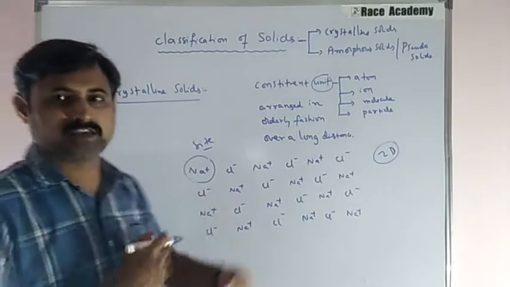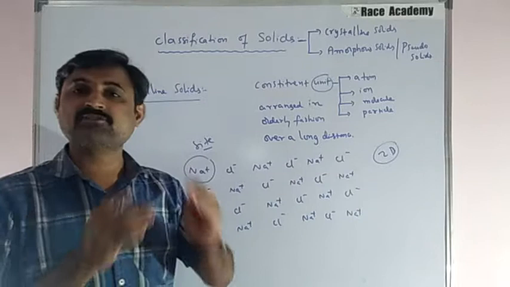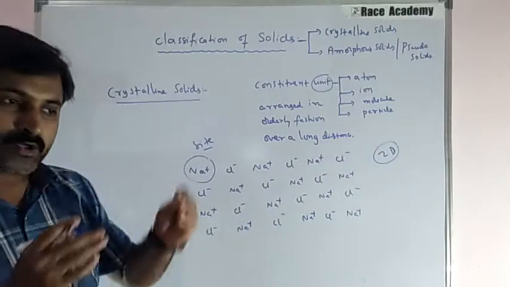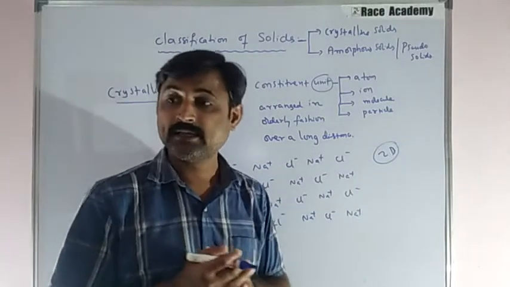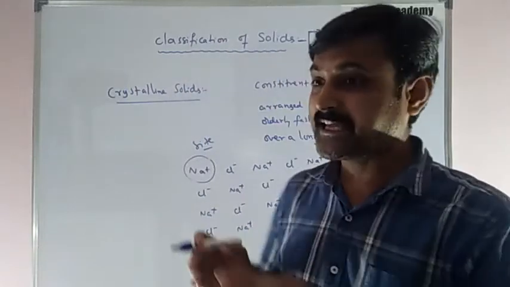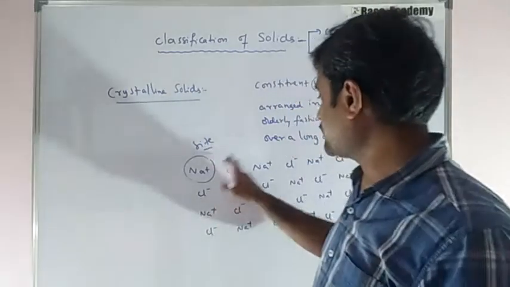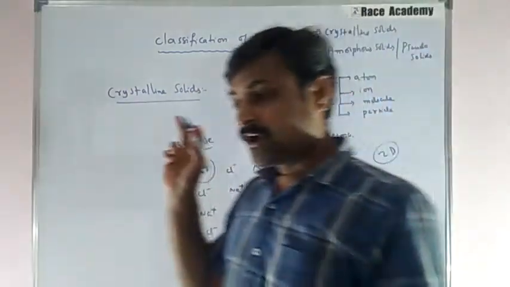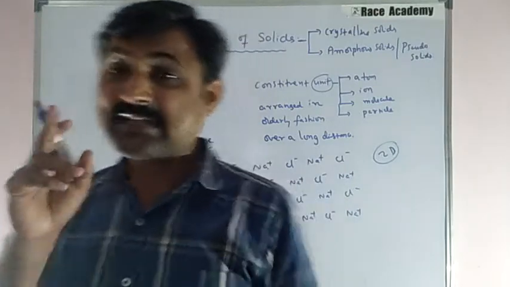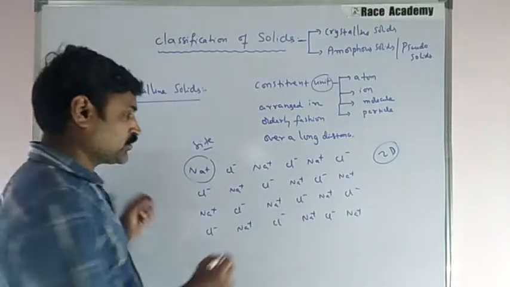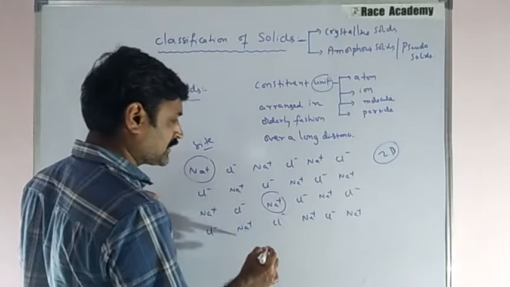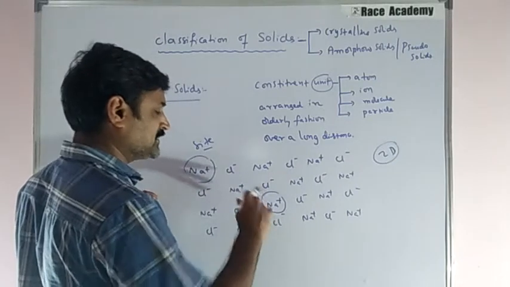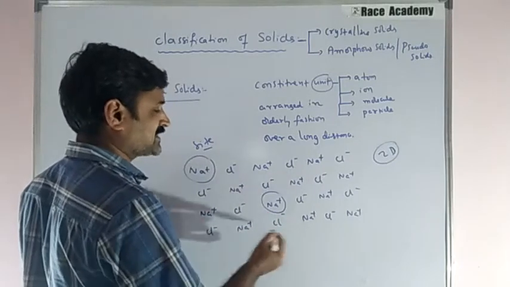Alternative sites are there in this two-dimensional arrangement, very comfortably arranged and noticed. Each Na plus ion in this arrangement is surrounded by 6 Cl minus ions.